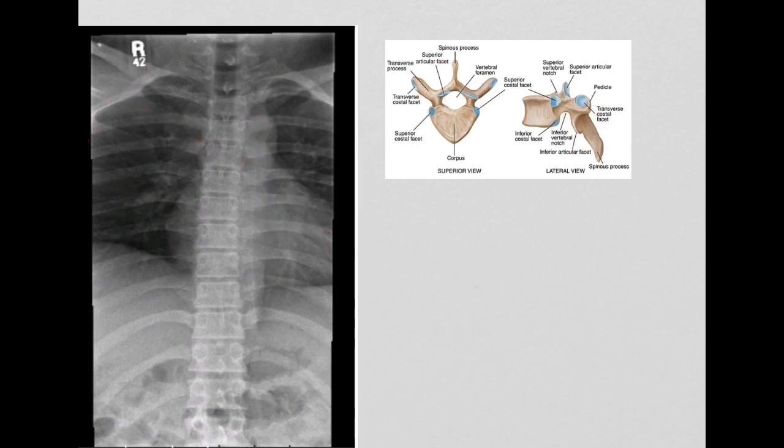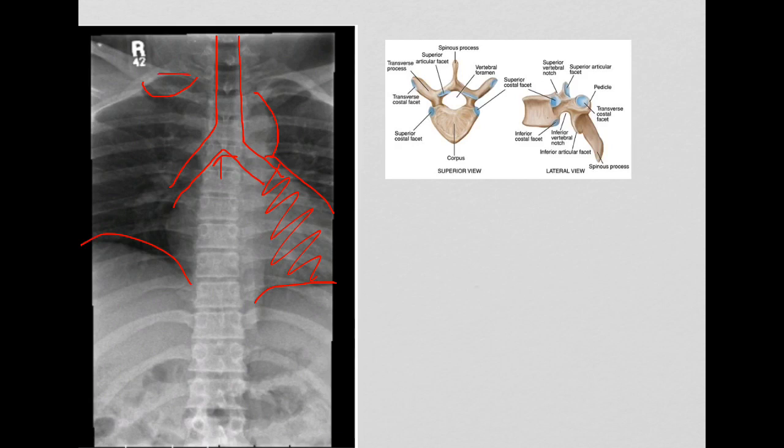Other structures that you are probably familiar with from your chest x-rays, of course, are the aortic arch and the heart shadow, right and left hemidiaphragms, air-filled trachea, and the bifurcation of the right and left primary bronchi, which is the carina.